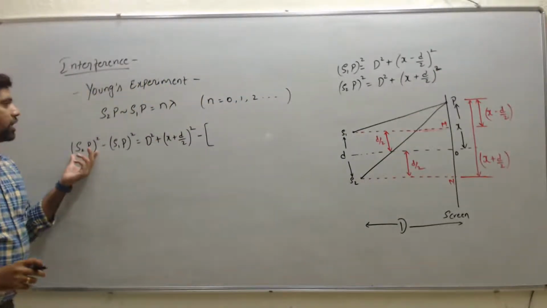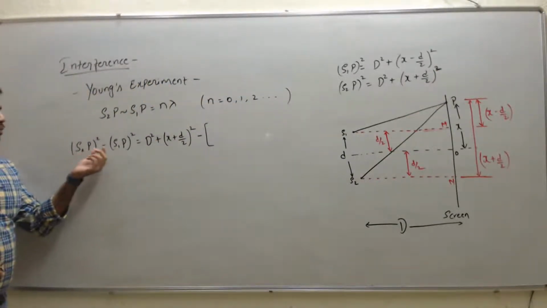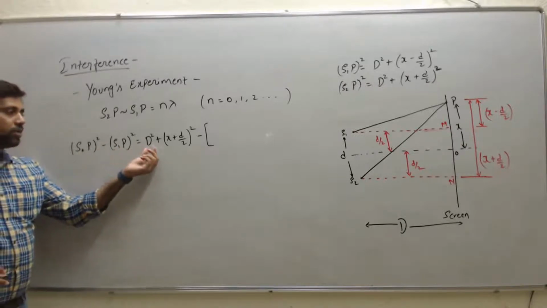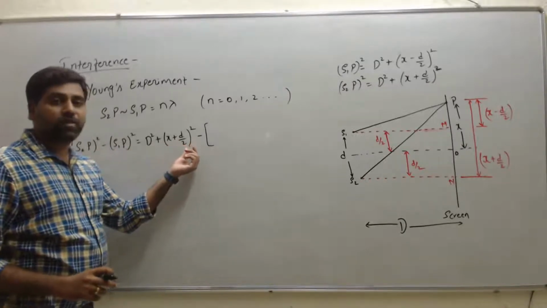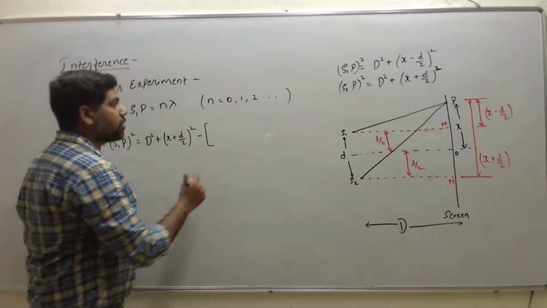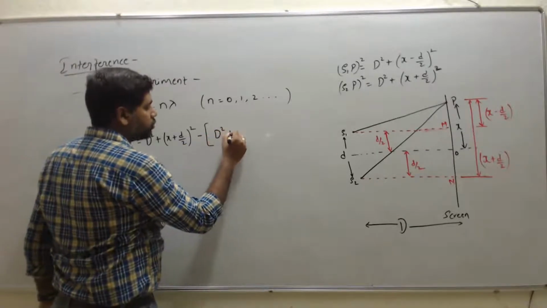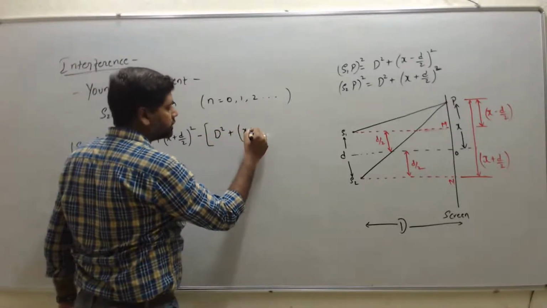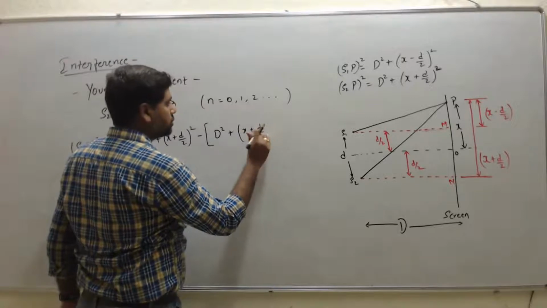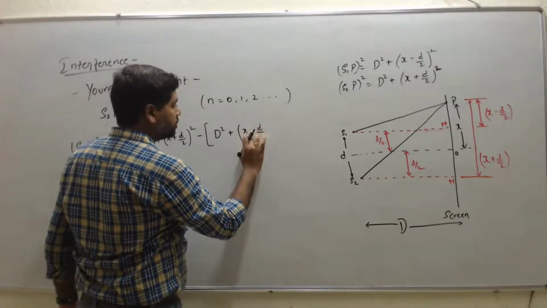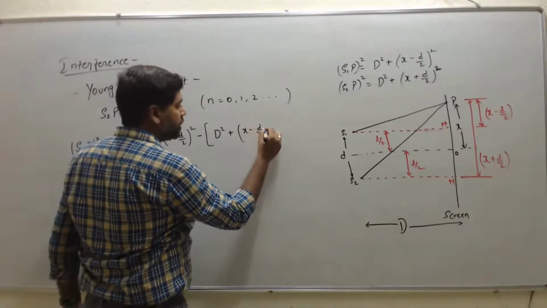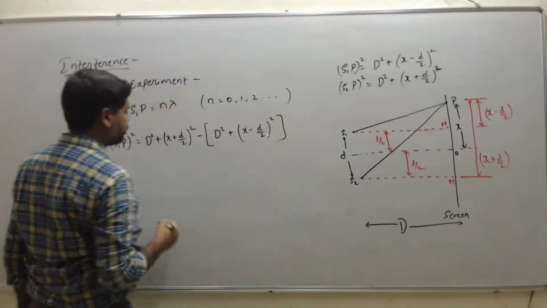So here we are differencing S2P square minus S1P square, that equals d square plus x plus d by 2 whole square minus of d square plus x minus d by 2 whole square.